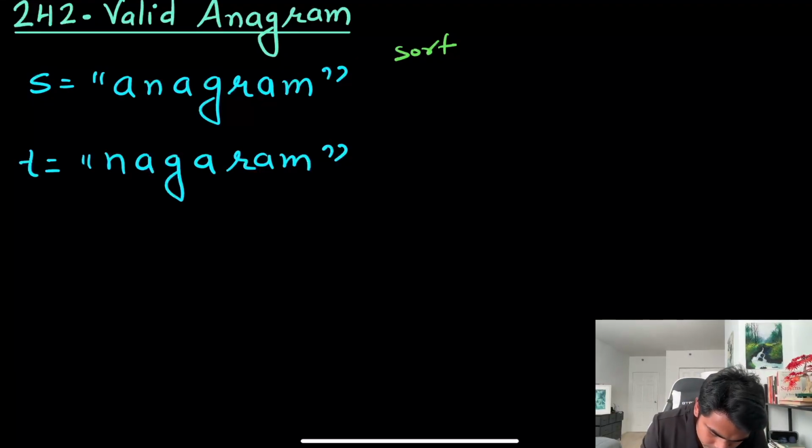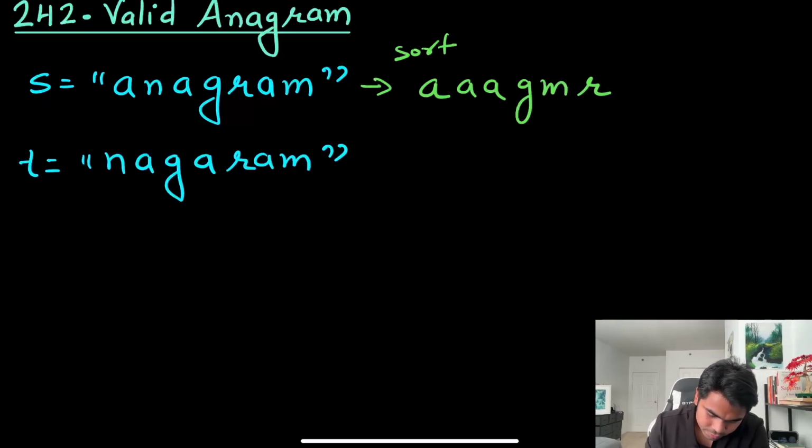So the sorted form of s would be like this. All the a's in the beginning, then g, m, n, and r. So that will be the sorted form.